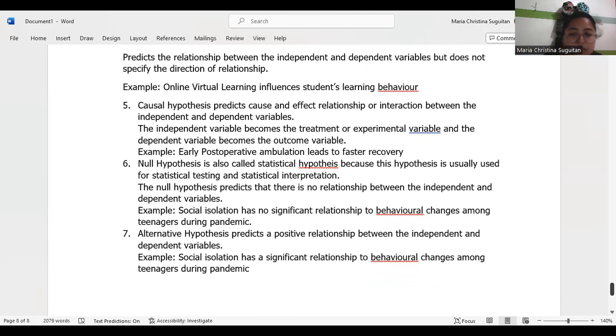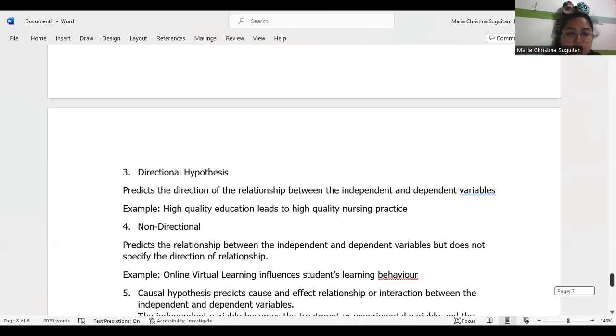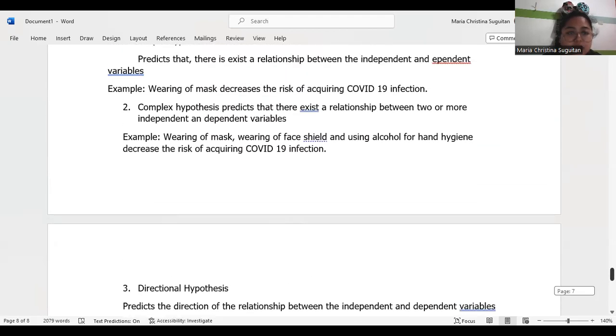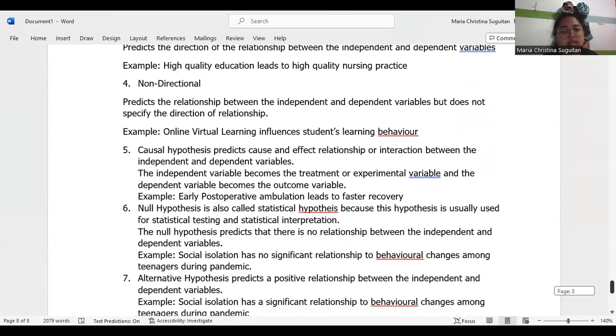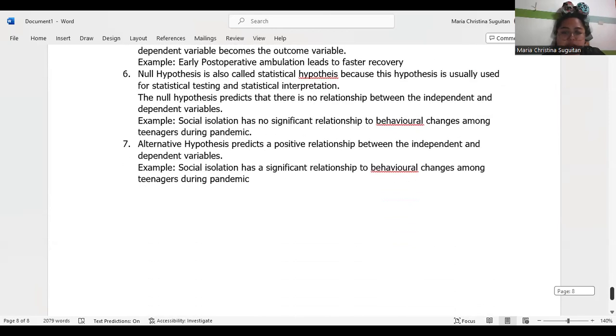Parang may alternative siya. Oh, that's alternative. So we have seven hypotheses. First, we have the simple and then the complex, directional and non-directional, causal, null, and alternative hypothesis.